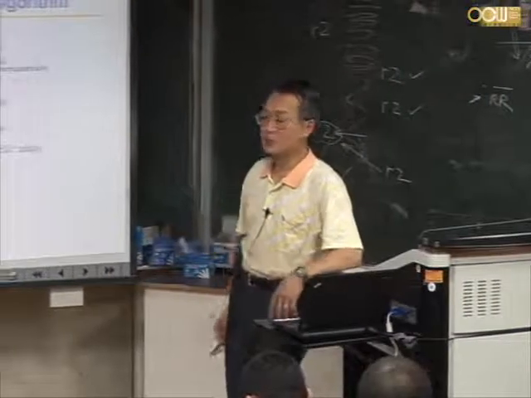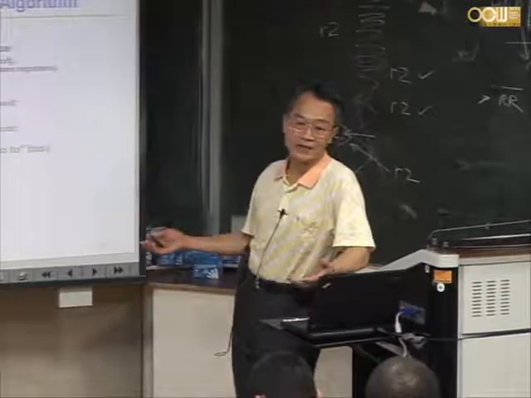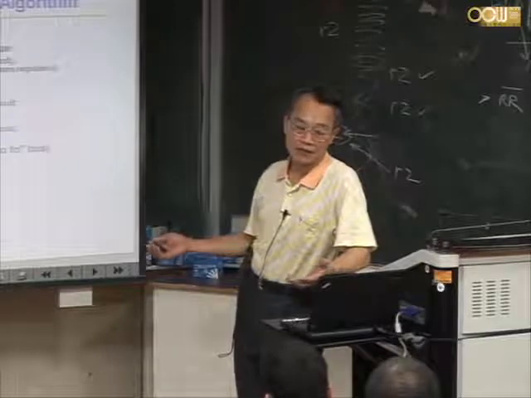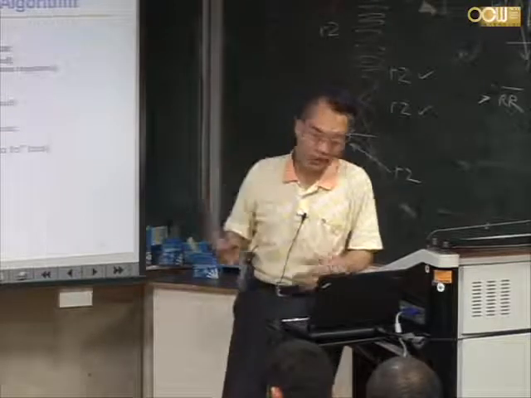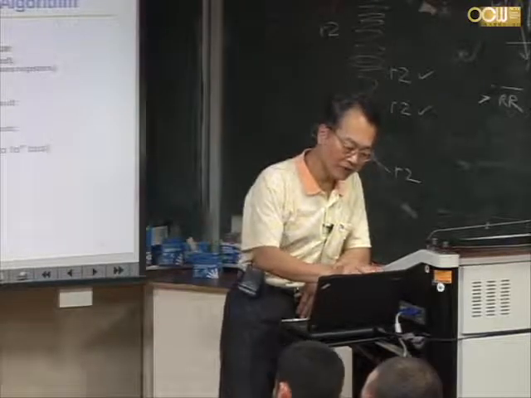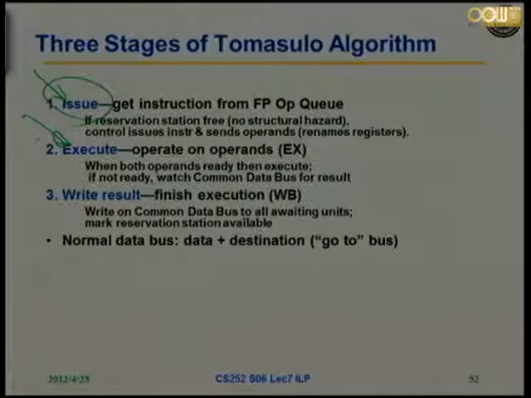After issuing, you wait indefinitely until your results are available. And then once you have the results, you start to arbitrate for the screwdriver that you need. Okay? So when you get the priority, you start execution.